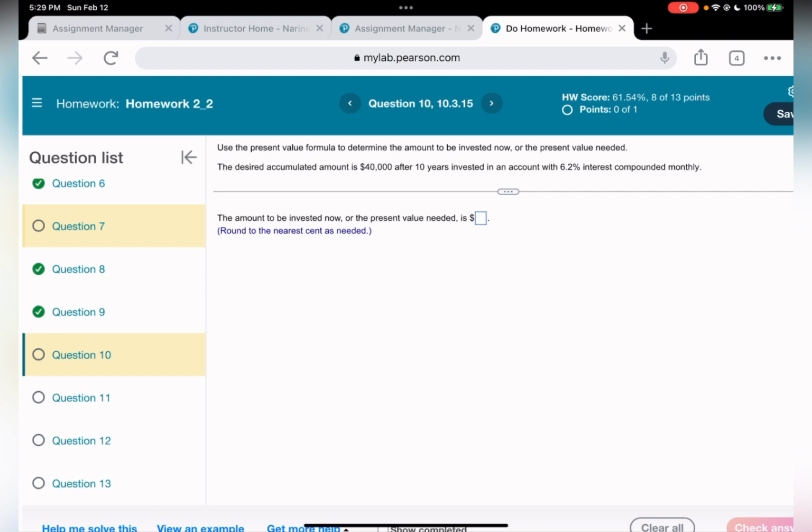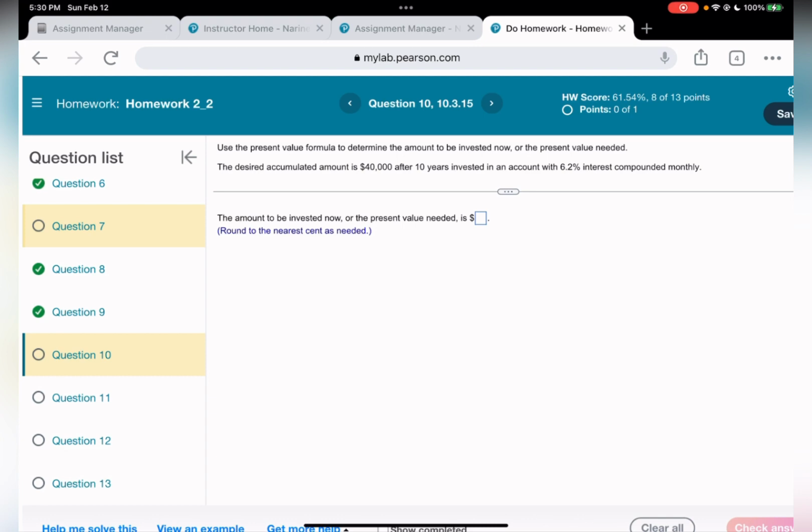What do we have here? It should be something similar again or not, we'll see. So let's read it. Use the present value formula to determine the amount to be invested now, or the present value needed. The desired accumulated amount is $40,000 after 10 years, invested at 6.2% interest compounded monthly.